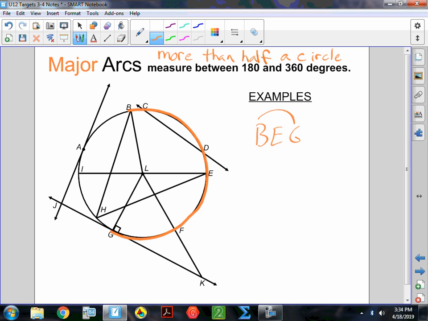I can pick any three letters as long as I'm going more than half a circle. So another example would be HAD. And those are both examples of major arcs.